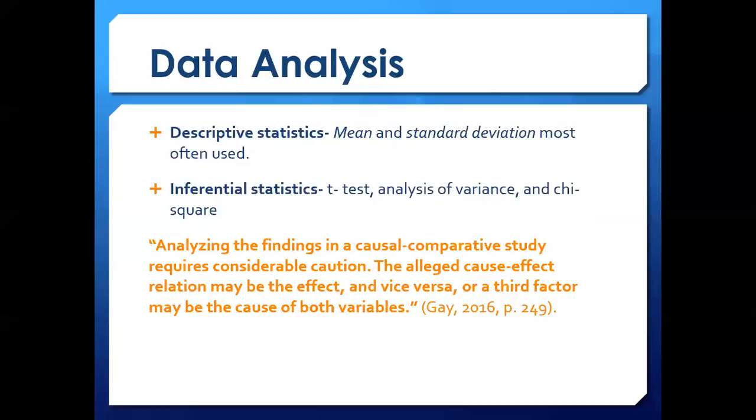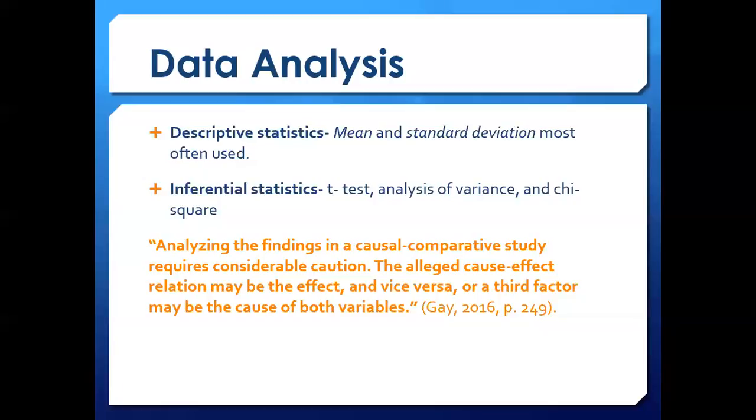Here's a really good quote from the textbook that I thought was important in understanding causal comparative studies. "Analyzing the findings of causal comparative study requires considerable caution. The alleged cause-effect relation may be the effect and vice versa, or a third factor may be the cause of both variables."